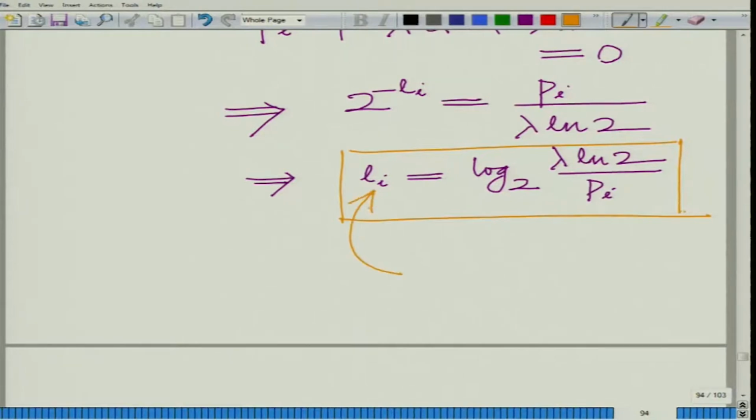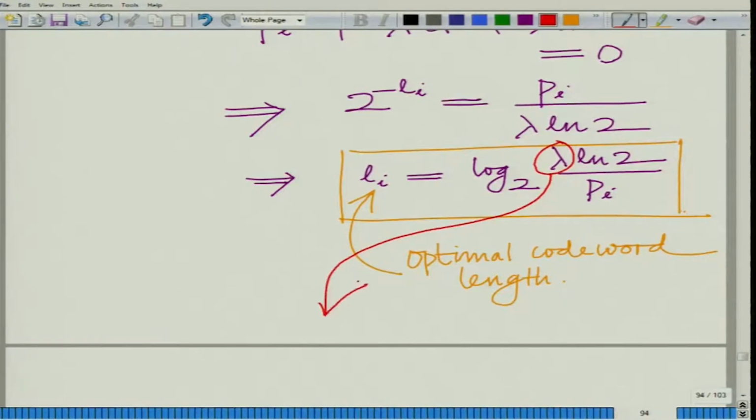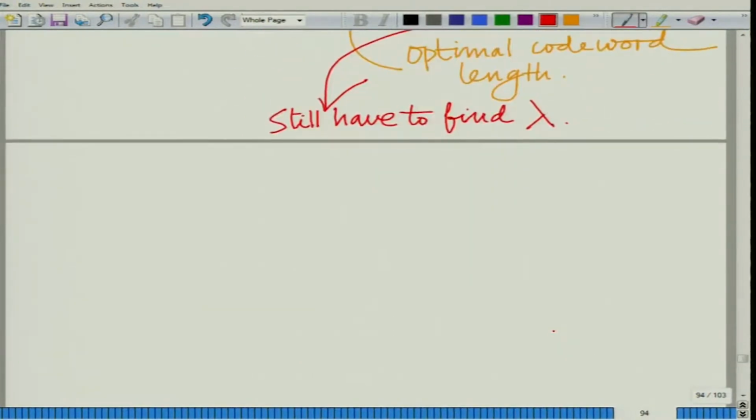Now solving this Lagrangian, differentiating with respect to pi and setting equal to 0, we have obtained the optimal code word length, not average length, but of course we have to find the Lagrange multiplier, we still have to find lambda, and we find lambda from the constraint.